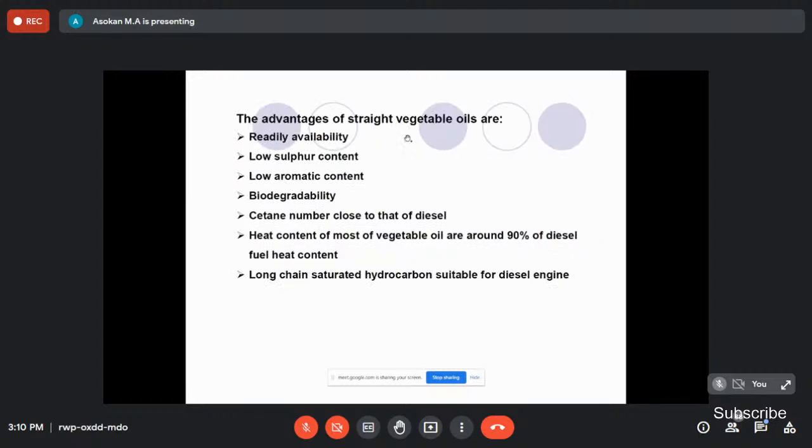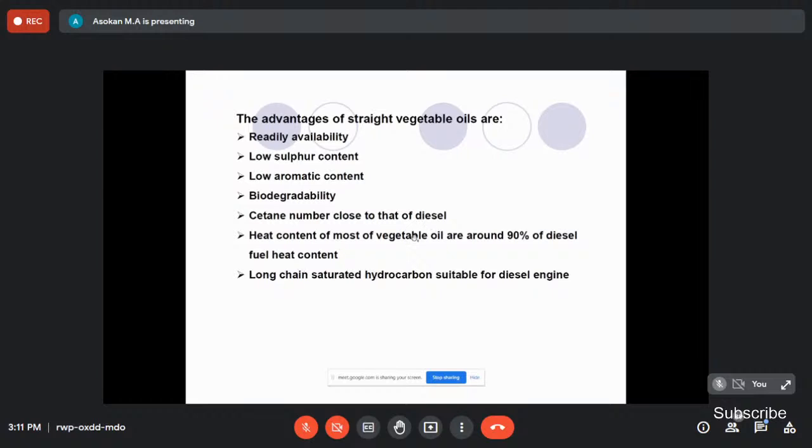You can run a diesel engine using vegetable oil only in the initial stage. Later on, they found gasoline and diesel and tested those fuels. But initially, they manufactured the engine to run on vegetable oil. It's readily available, and there is no sulfur and a low aromatic content, so it is biodegradable, and the cetane number is close to that of diesel. That is the advantage of vegetable oil, right?